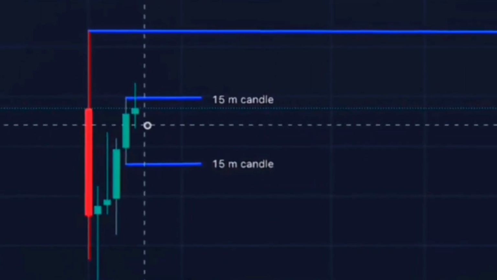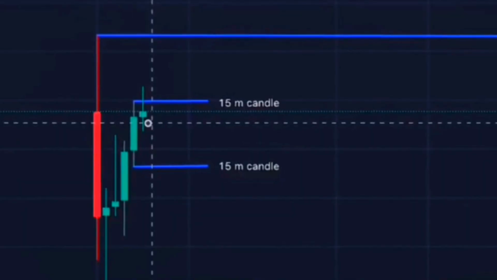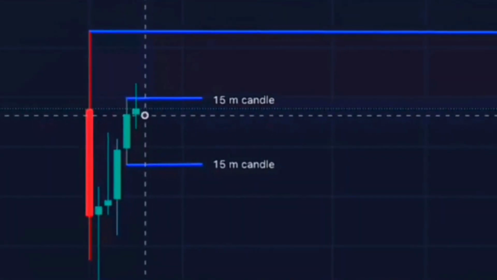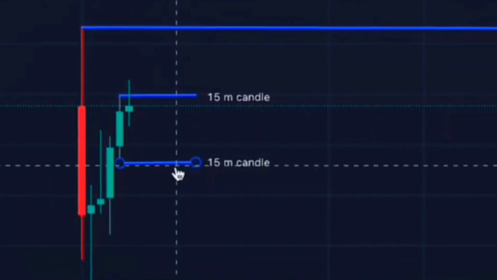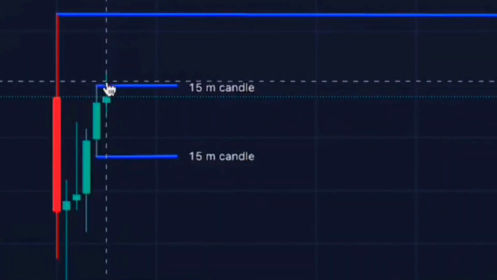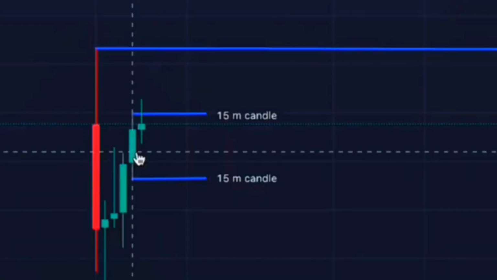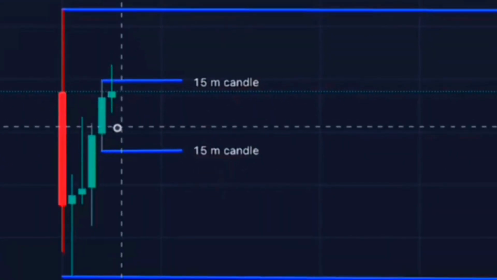Okay, so the first candle, I have another bullish candle here, a small bullish candle that was printed inside here. Okay, but it closed inside the range of the 15-minute candle, but it had already grabbed the liquidity of this candle, the first candle that was printed.